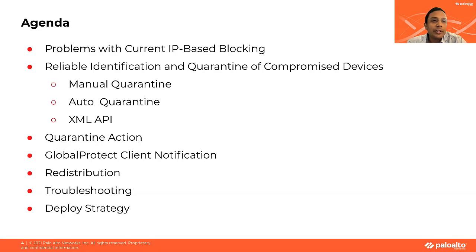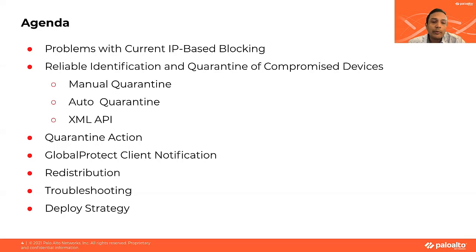Following will be the agenda of my presentation. I'll start with some of the problems and challenges with current IP-based blocking. Then I'll go over a reliable way to identify and quarantine a compromised device. I'll go over methodologies for doing so, such as manual quarantine, auto quarantine, and XML API-based quarantine. Followed by that, I'll cover some of the actions we can take on the quarantined devices.